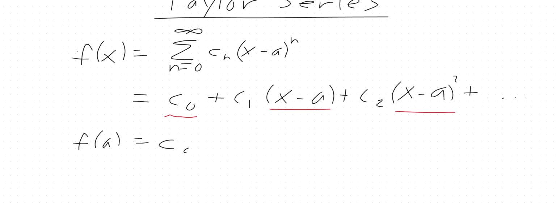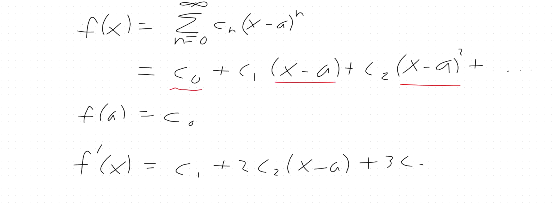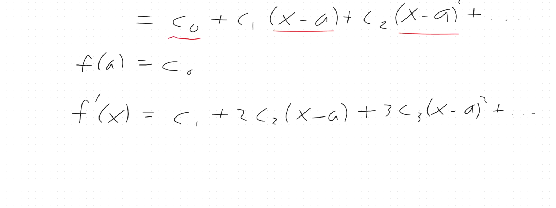Now, if we take the derivative, we're going to get c1 plus 2c2 x minus a plus 3c3 x minus a squared, and so on. And now if we plug in a for this, just like before, all of these disappear because they're zero. We're left with c sub 1.